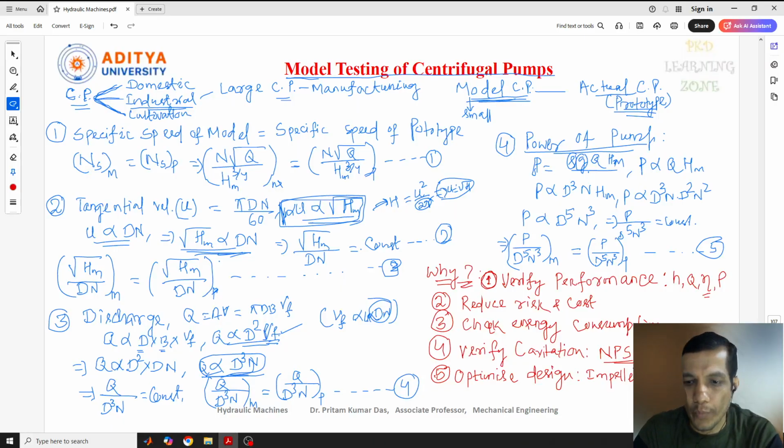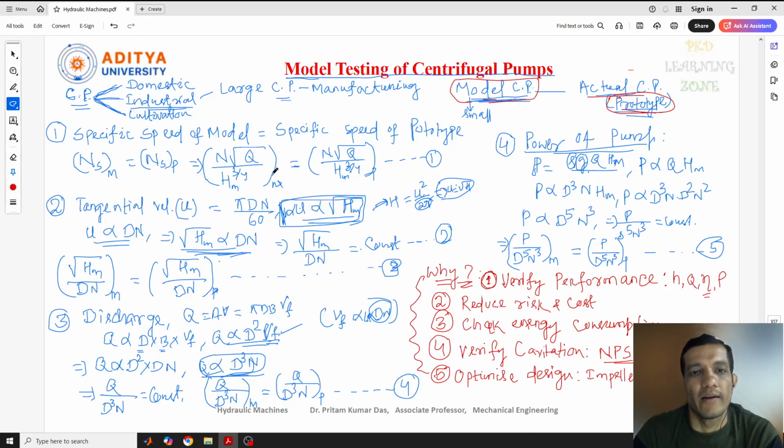So before finalizing the design, we can change the impellers, blade shapes, blade angles and sizes. These are the things we can test in the small centrifugal pump, that is, in the model, before going to the actual prototype. So this is the difference between the model and the prototype.